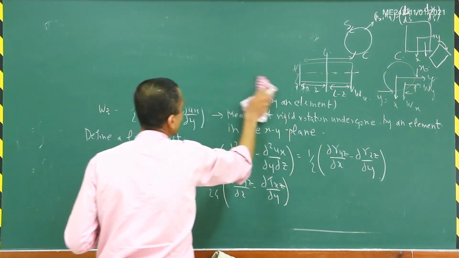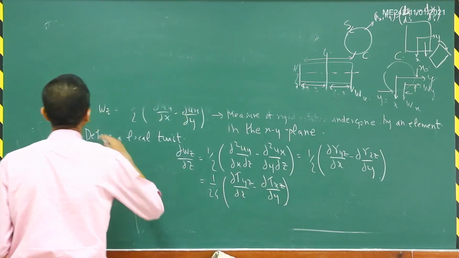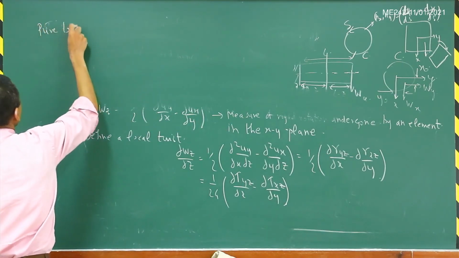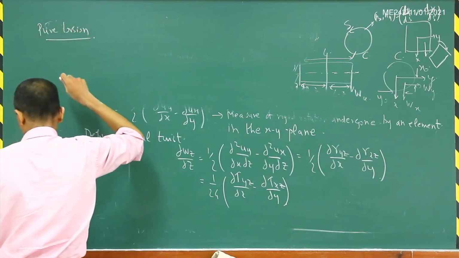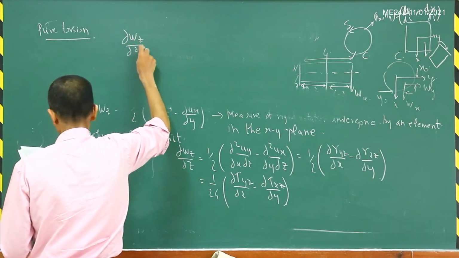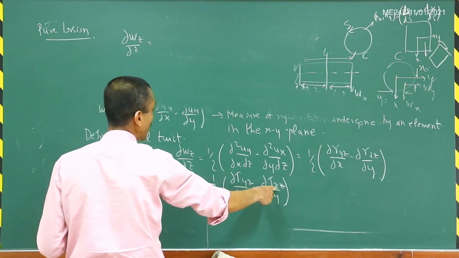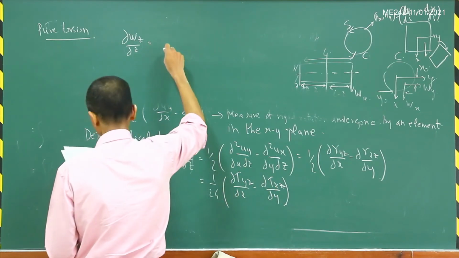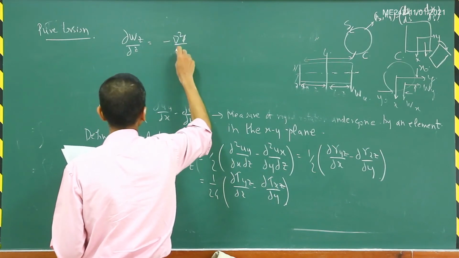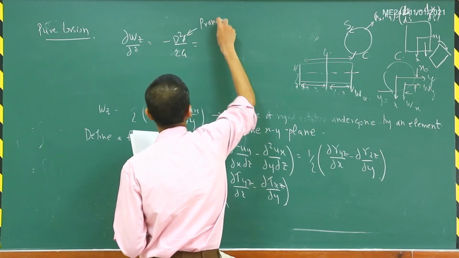So let us take the example of torsion. For the case of pure torsion, we have that del omega z by del z is equal to, if you substitute for tau yz and tau xz in terms of the Prandtl stress function, minus del square phi by 2g.